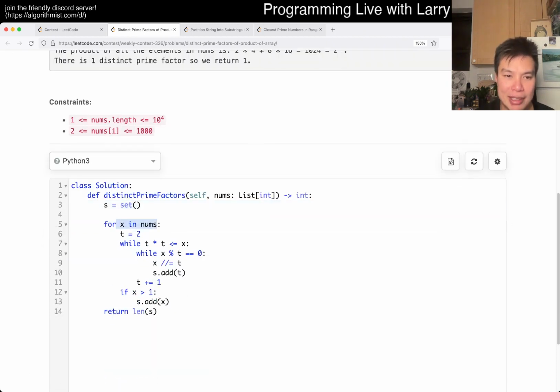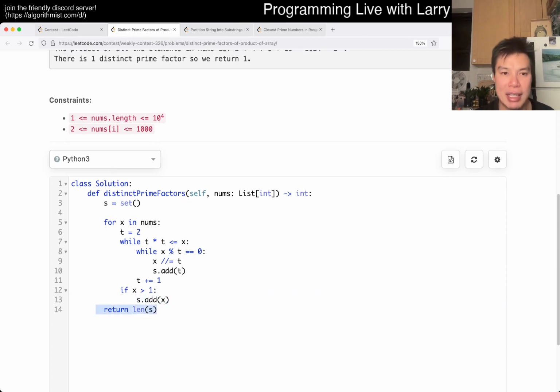So for each number, I start with 2. While I can divide it by that number, I do it, and then I increment afterwards, all the way up to the square root of x. And if there's a remainder, then we add it to the set as well. And then we just return the length of the set.